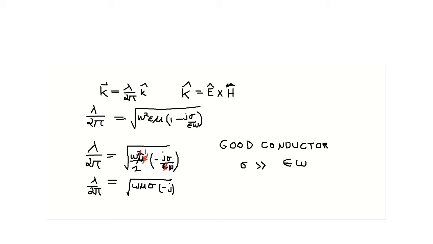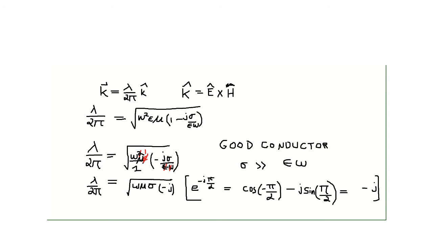We'll notice that there's this negative imaginary number inside the radical, which is hard to work with. So let's consider it in polar form. We have e to the negative j pi over 2, which is equal to negative j from Euler's identity.